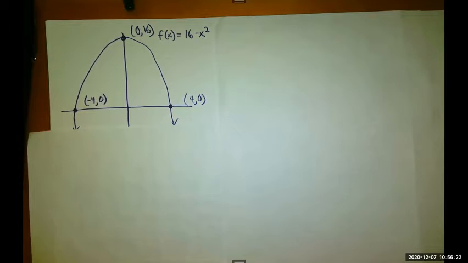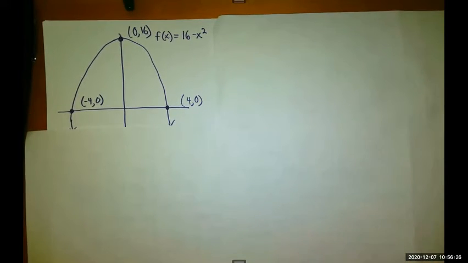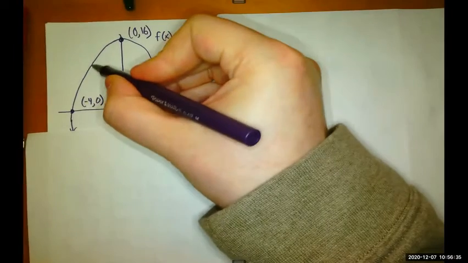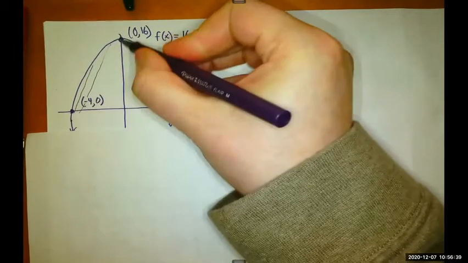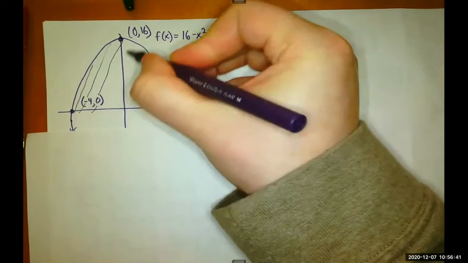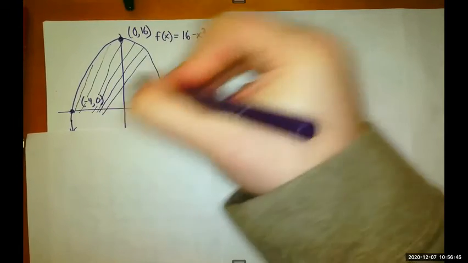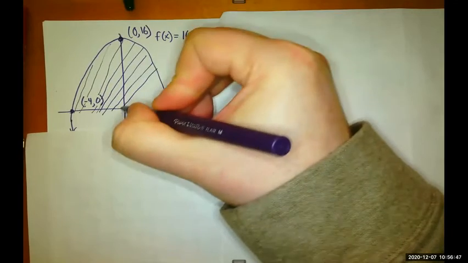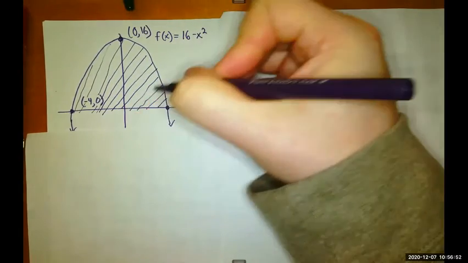Well, that's because, did you know there is an area formula to calculate the area of this shape? So this shape right here, this shaded region, if you will, using old school shading.